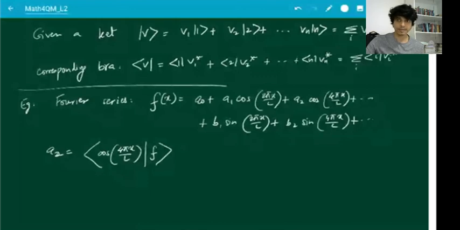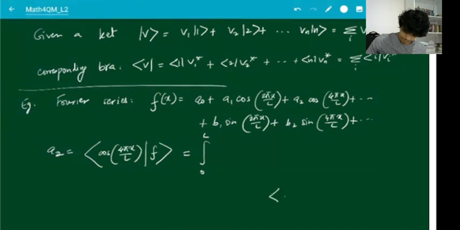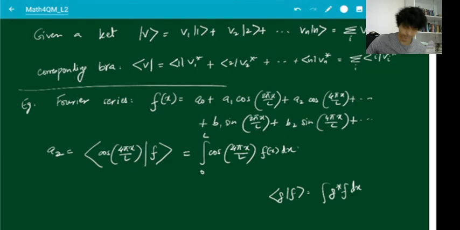So we take the integral from 0 to L. Remember, it was defined like this. I'm going to take the complex conjugate of this cosine, but it's a real number, so it doesn't matter, times f of x dx.